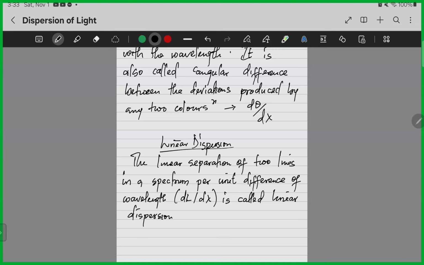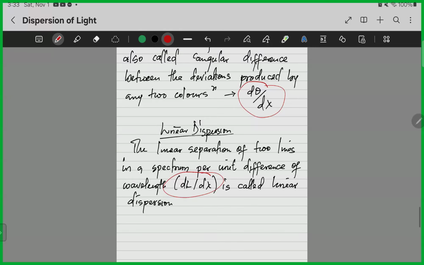So we see that clearly angular dispersion is this, linear dispersion is this. So take note of that.